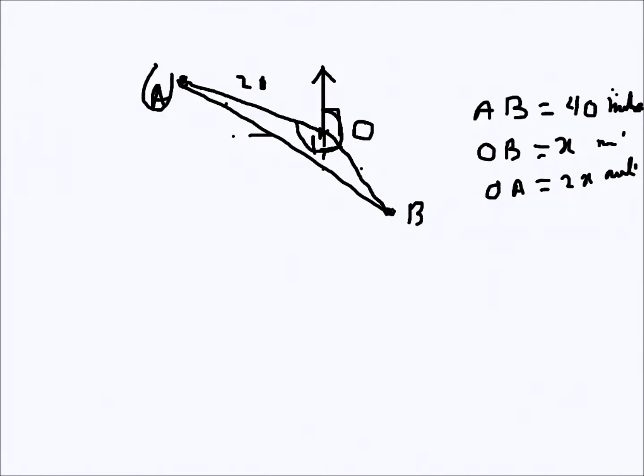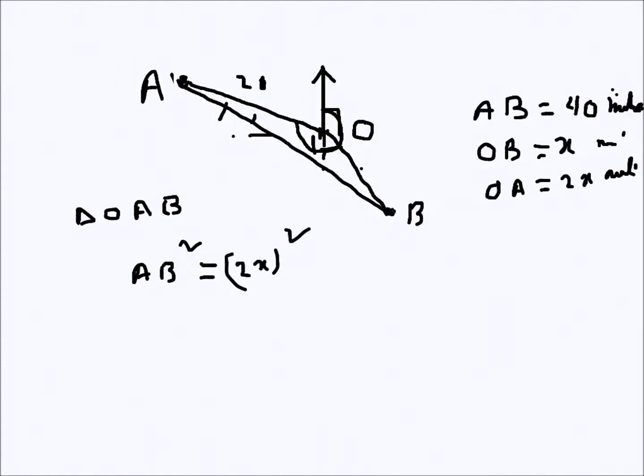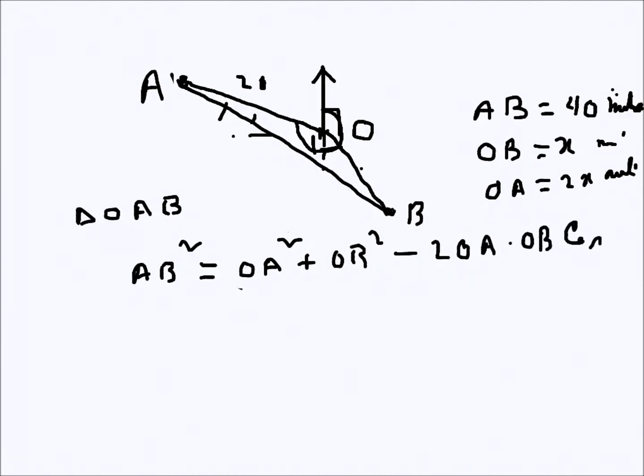So what we can do, we have this information, so we can use it in triangle OAB. This is A, this one is B. So in OAB I can write the cosine formula. So AB square is equal to OA square plus OB square minus 2 OA into OB cos of angle AOB.